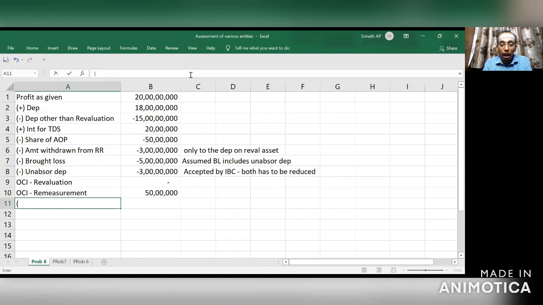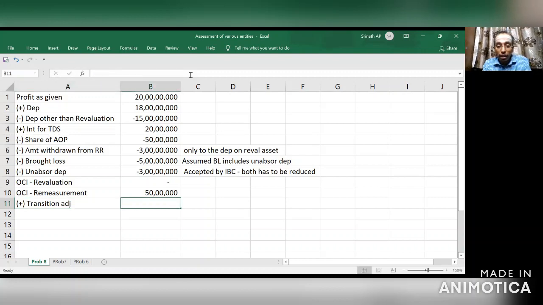Then add transition adjustment. The total transition adjustment is 5 crores. From there 50 lakhs have to be reduced, and you will get 4 crore 50 lakhs.